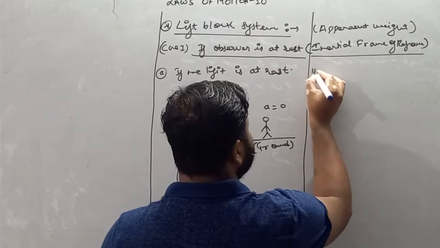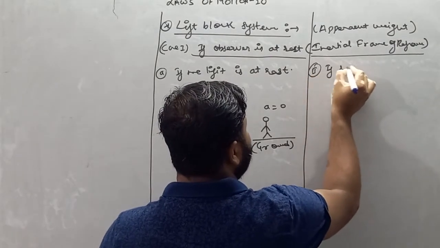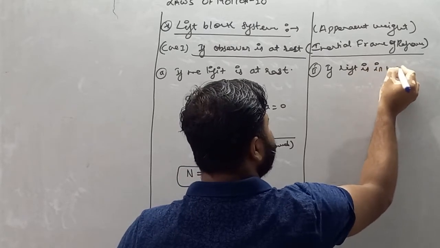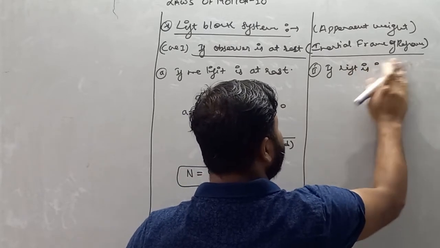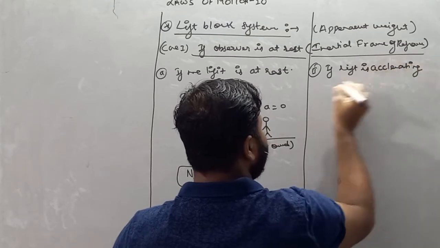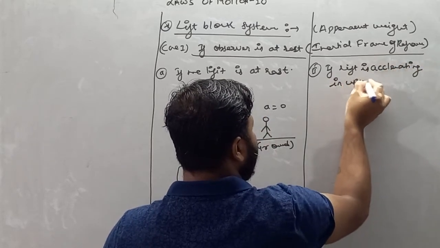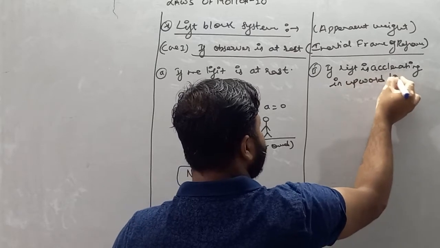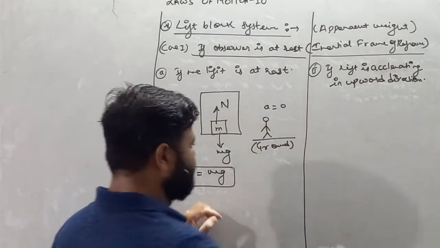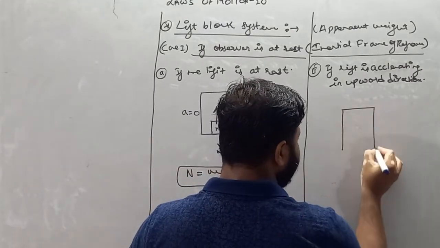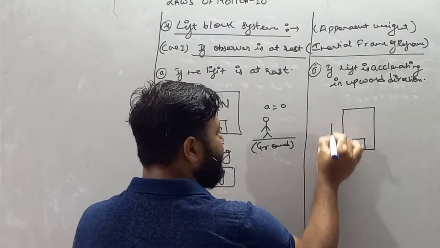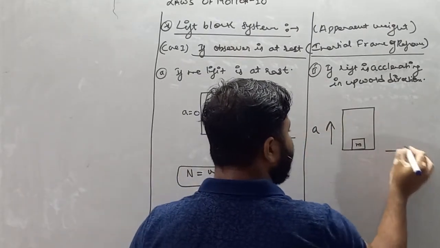Moving forward, my dear student, case 2, if the lift is in motion, or we can say if the lift is accelerating in the upward direction. Now see, this is our lift and a block of mass m is placed inside the lift, and the lift is accelerating upward.